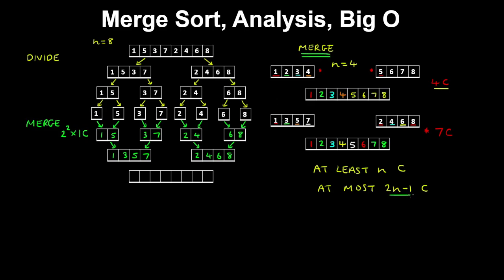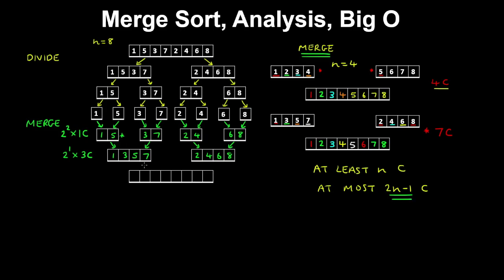So as we saw in the worst case, we required 2n minus 1 comparisons. So here we had 2 merge operations and 2n minus 1 comparisons. So that would be 3 comparisons for each, given the length of each subarray is 2, so 2 by 2 minus 1 in the worst case.